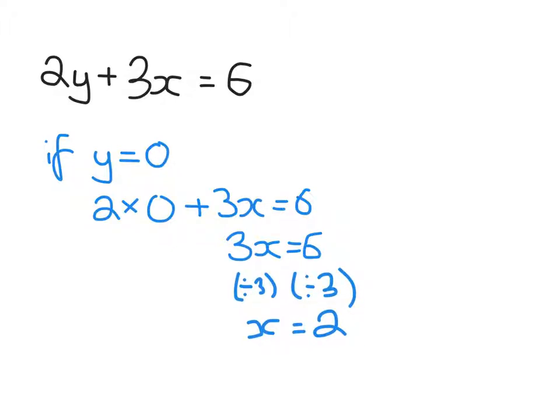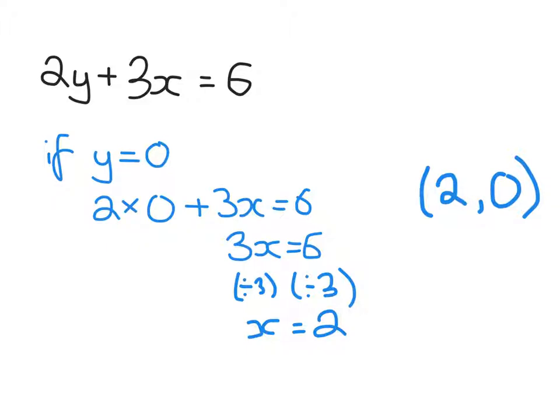So if x is equal to 2, that's going to be my first coordinate. Remember, coordinates are always written with x and then our y coordinate, and we already know that my y coordinate is 0. Now we've got two coordinates, from the first part of our calculation and the second part of our calculation.